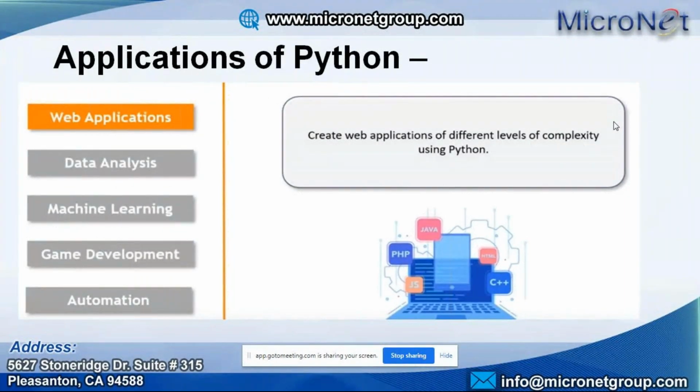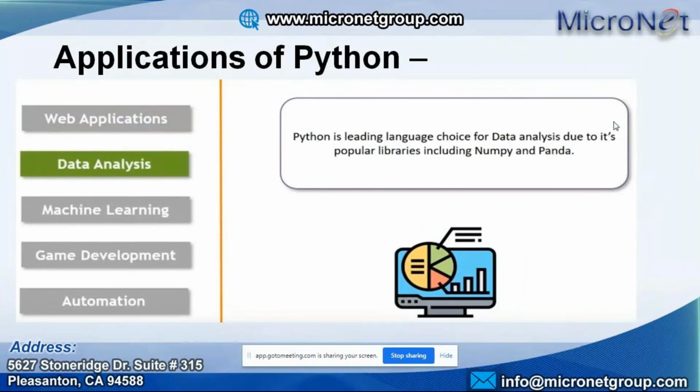We can even use Python for web applications. We can create web applications with the help of Python. There is a framework called Django, with the help of which we can develop them. For data analysis, there are libraries called NumPy and Pandas, which are very popular among data scientists.